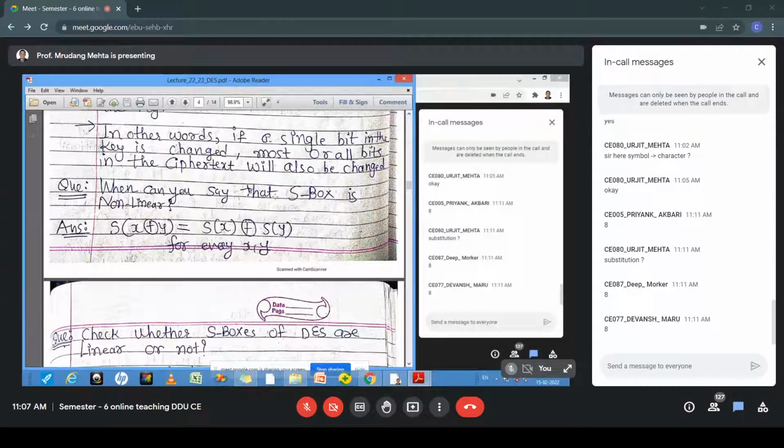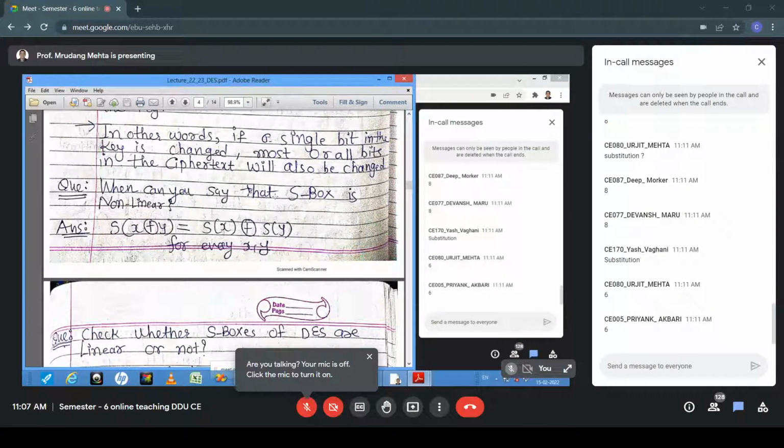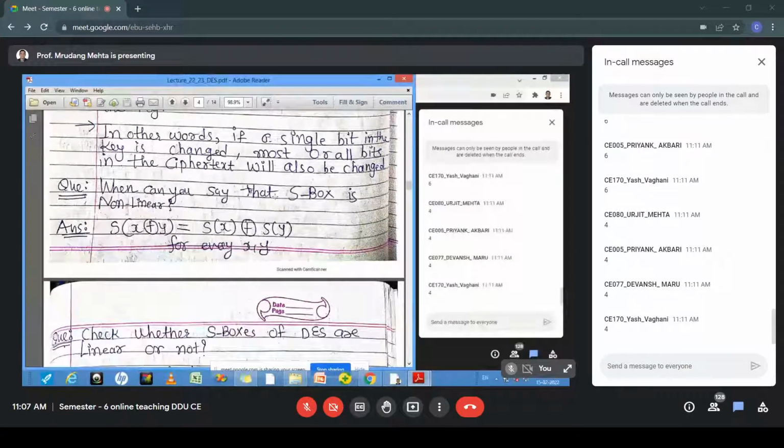And how many bits of input in each S box? 6. And how many bits of output? 4. So in total, how many bits go to the 8 S boxes? 48. And how many bits does it generate in the output? 32. So that is one half of the ciphertext.